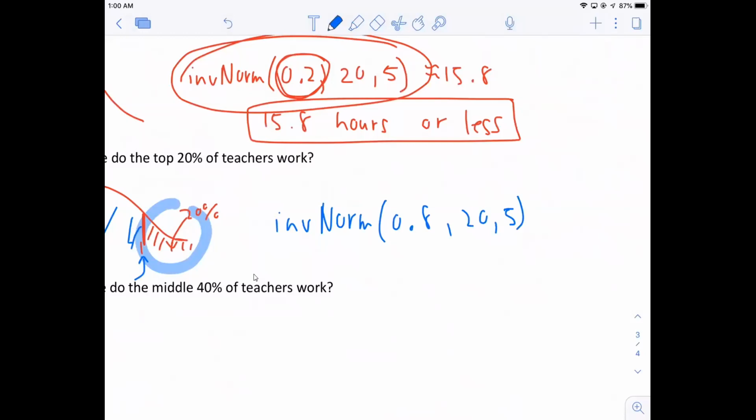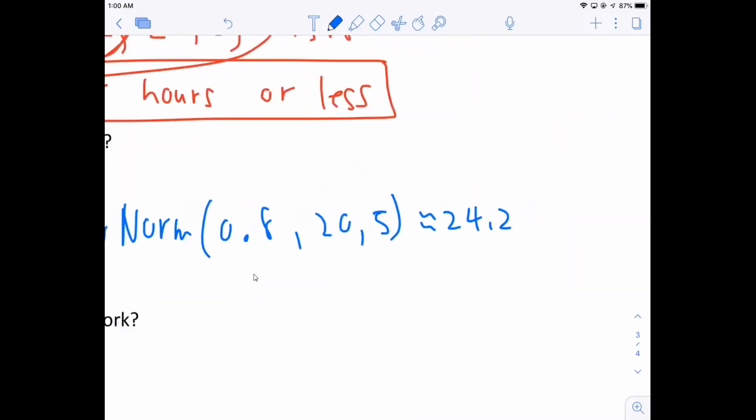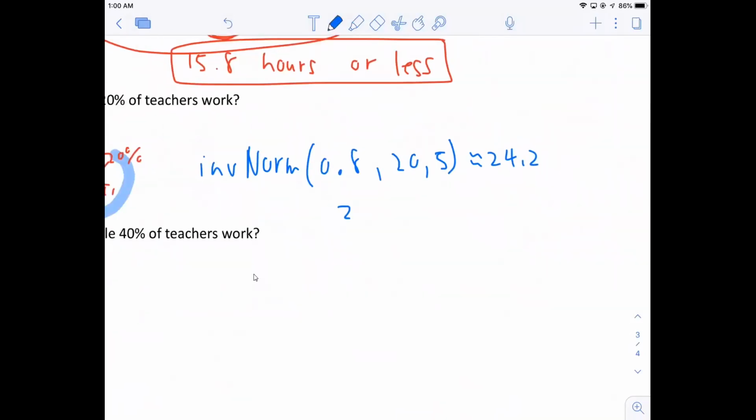And let's see what this gets us. 0.8, that is approximately 24.2 hours. So the top 20% of teachers work 24.2 hours or more.